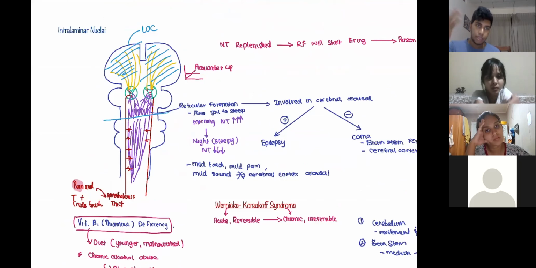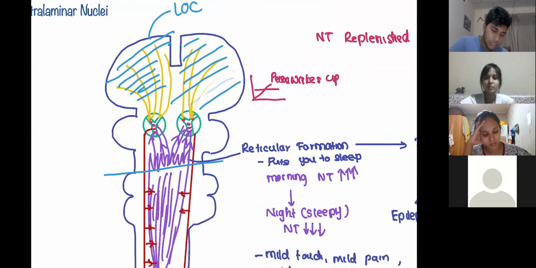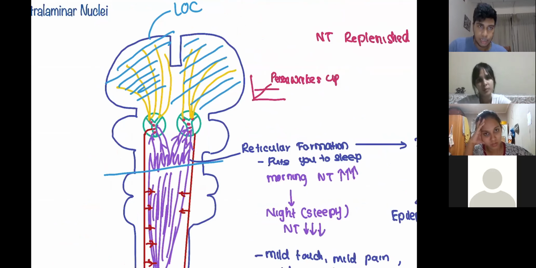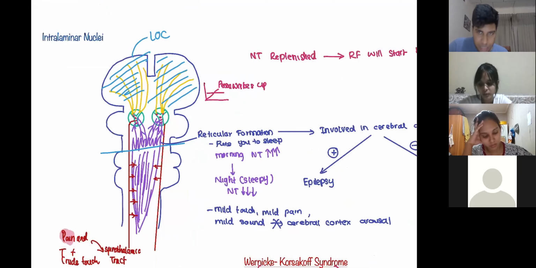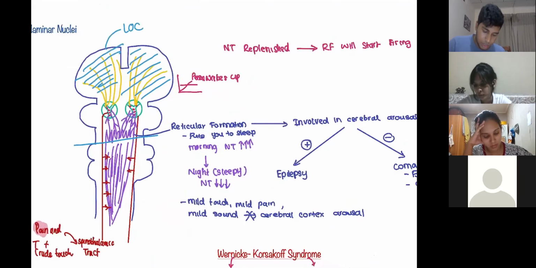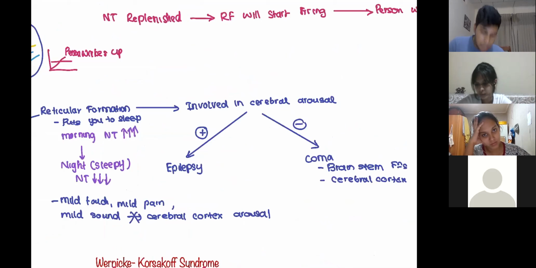They get filled up again. So the neurotransmitters in all these nerves get filled up, ready for the next day. So in the morning, you're full of energy because all your neurotransmitters are active. Now its function is cerebral arousal.